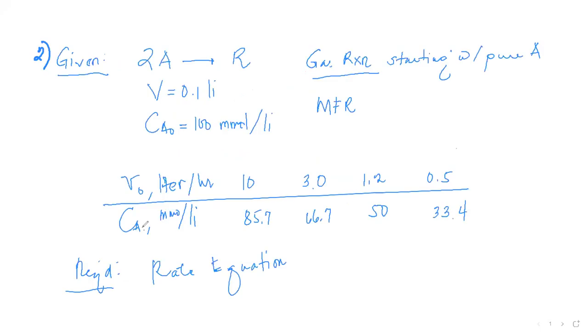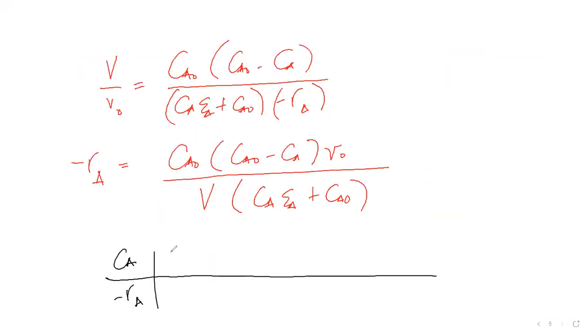So all you have to do is copy the 4 Ca values that were given. So I'll place the 4 Ca values here. So you have 85.7, 66.7 again, and you have a 50, and you have a 33.4. You need to get the RA based on this data that we have.